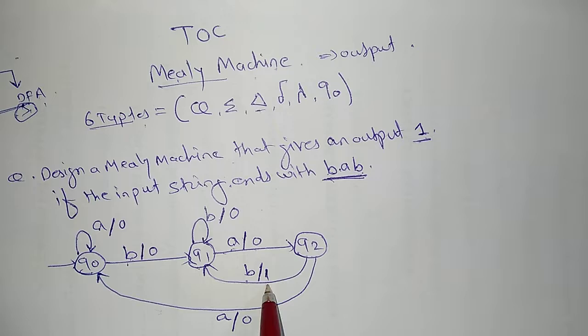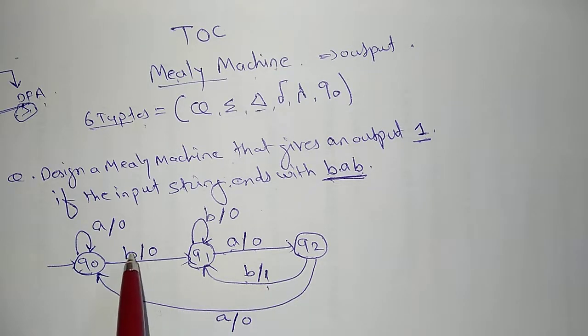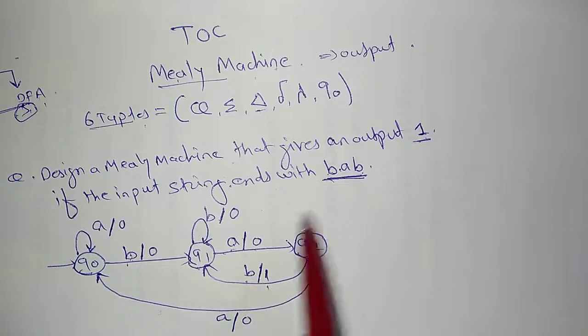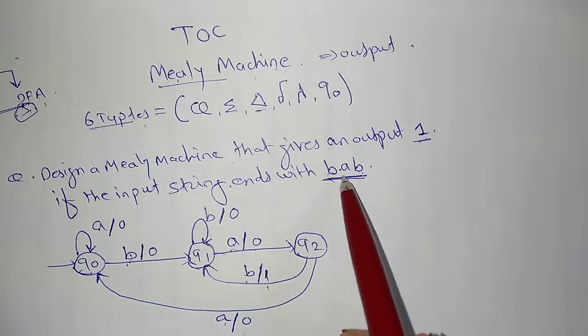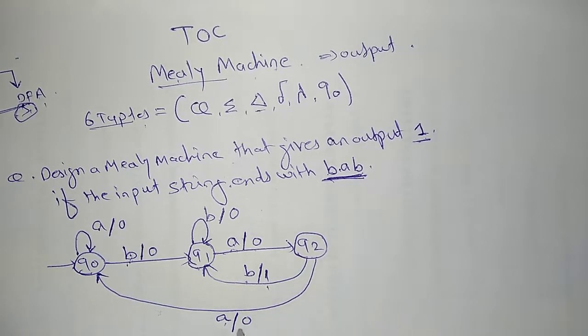BAB, output is 1, which is correct. That means whenever BAB occurs, it must print 1. In this scenario, if we deal with BBAA, it will print 0. Whenever BAB occurs, it must output 1, else it outputs 0.